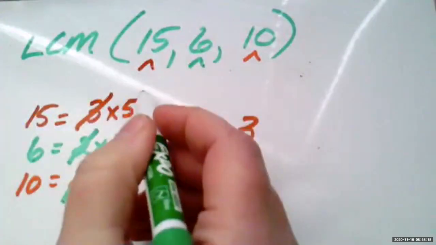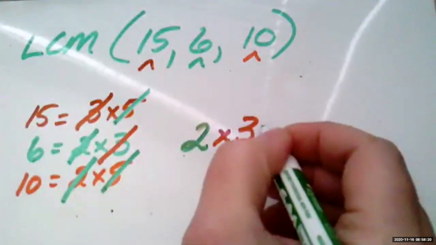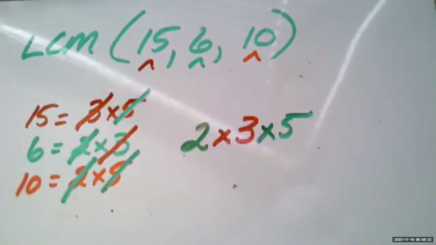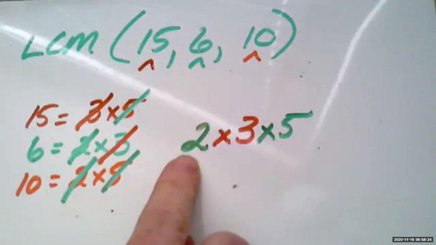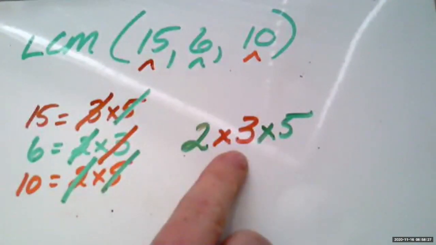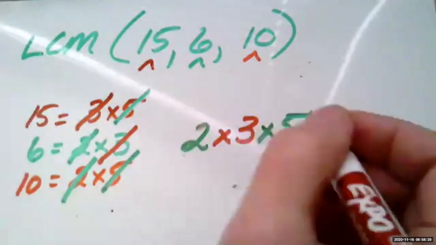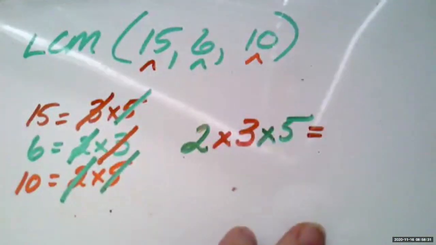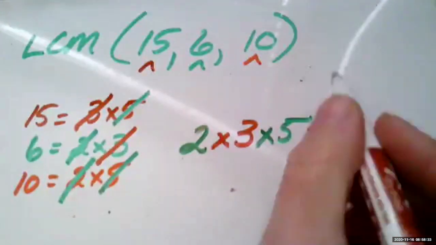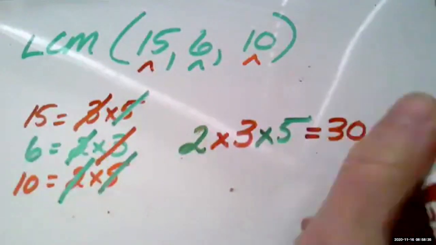The next one is a 5 and a 5, so a 5 is now represented. Earlier, I think we did this one. 2 times 3 is 6, 6 times 5 is 30. Therefore, the least common multiple of all 3 of these numbers is 30.